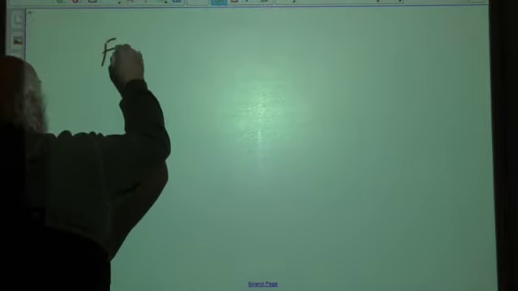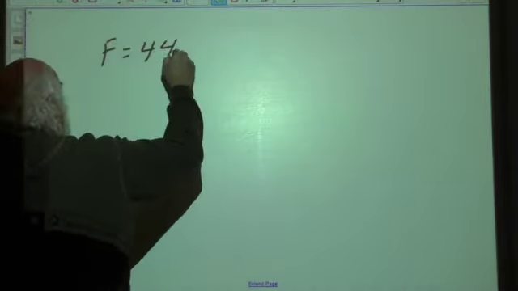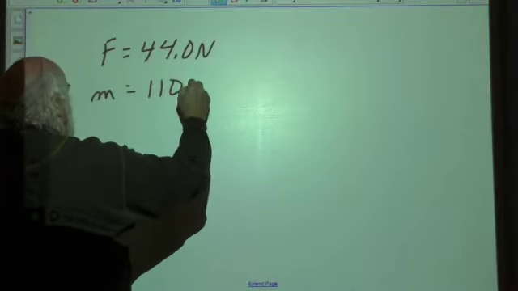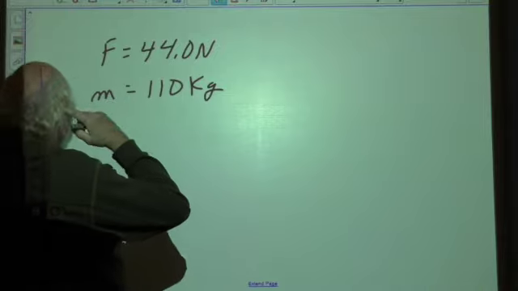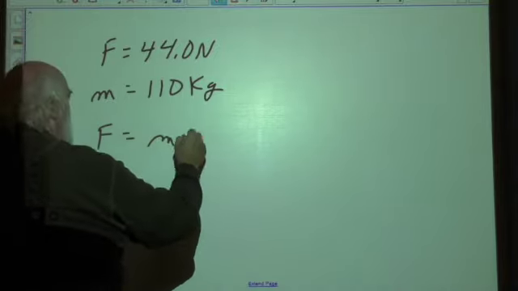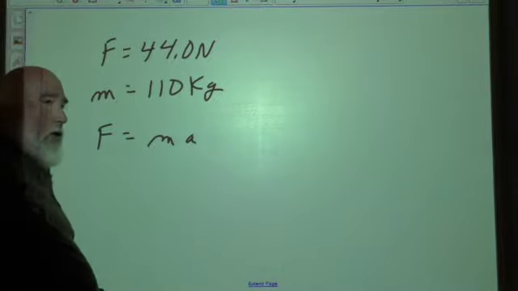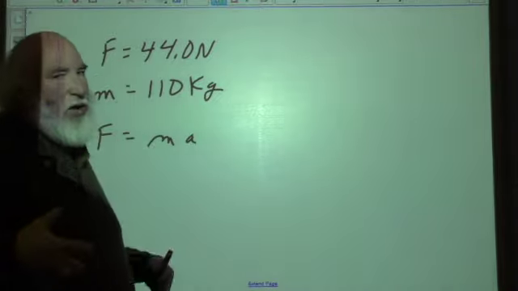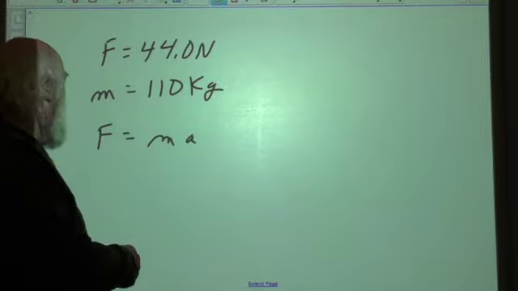So the force is 44 newtons, and the mass is 110 kilograms. So F equals ma. If she's pushing down in the negative direction of 44 newtons, she's now lifting up with a force of 44 newtons.